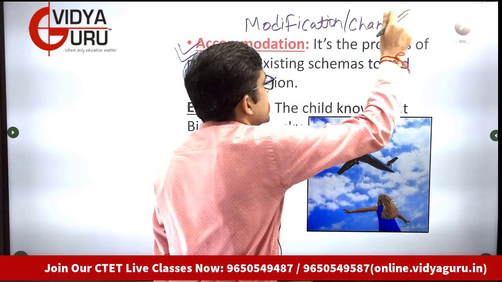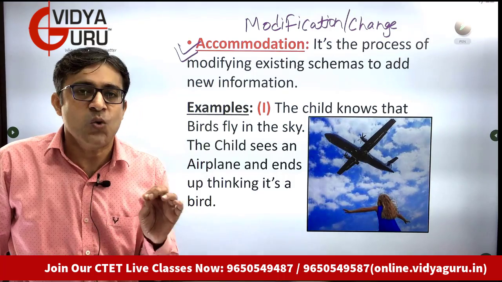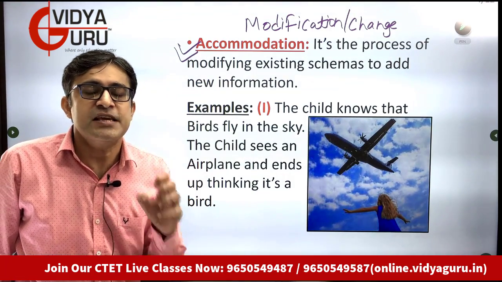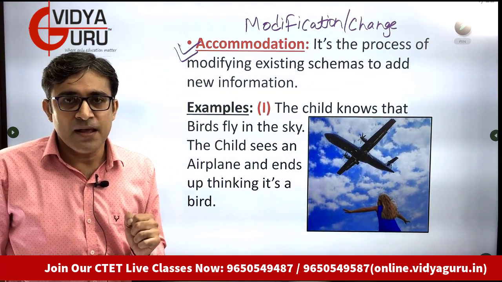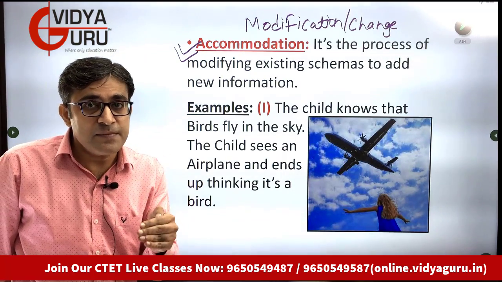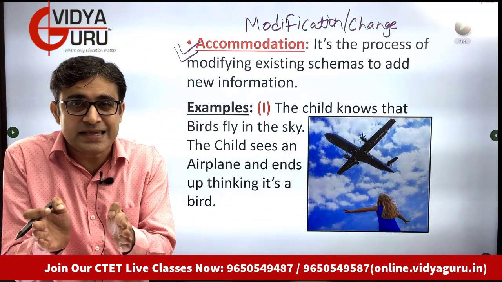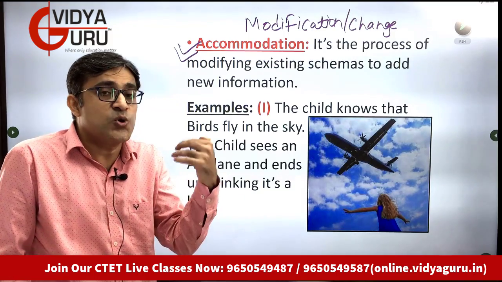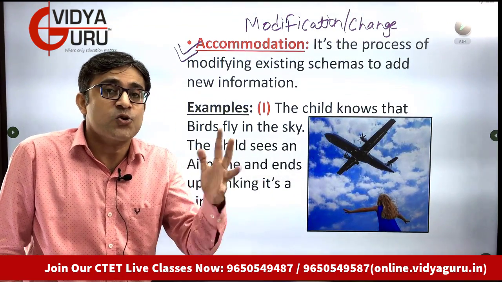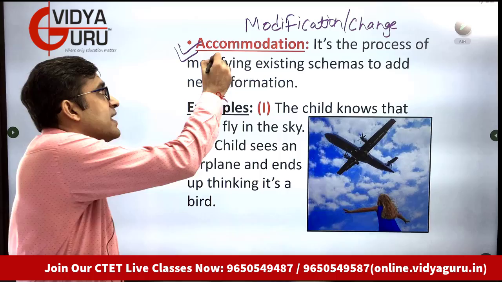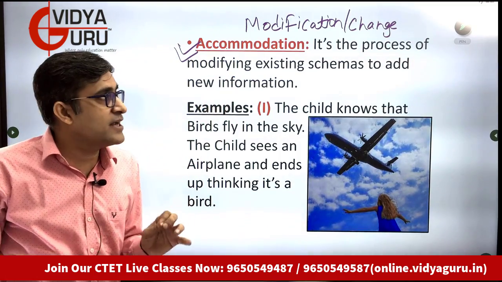You will have to change your pattern of thinking somewhat. Please note it carefully: if your existing pattern of thinking is going to change, if there is going to be a modification in your cognitive structure, then that process is called accommodation.